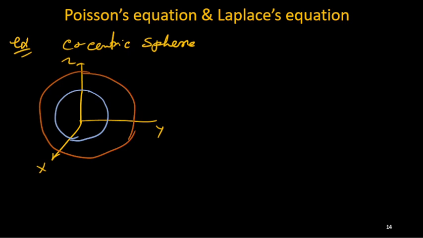Okay, and the potential here, suppose V1, and the charge is suppose minus q, and I can apply V naught potential here, and the charge is suppose plus q. Now in between these two, I consider any one point here.